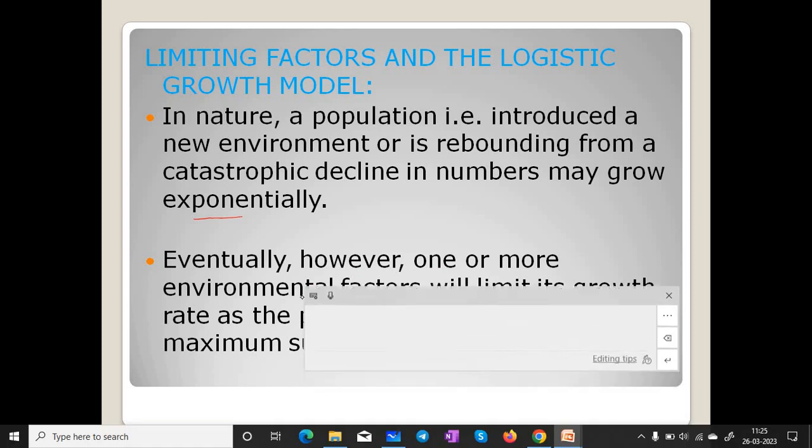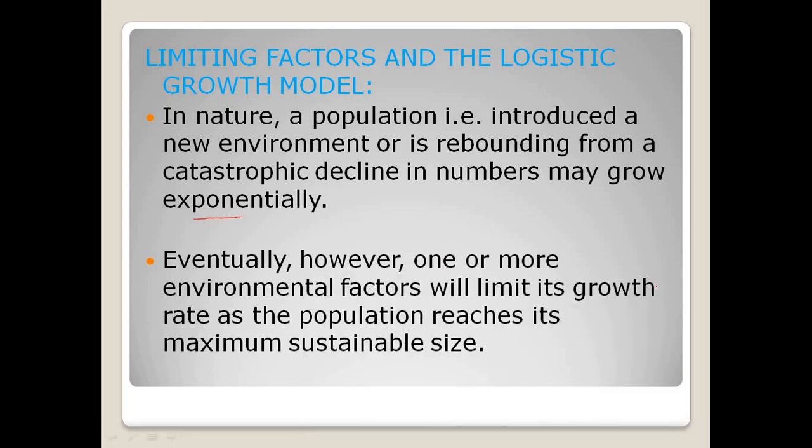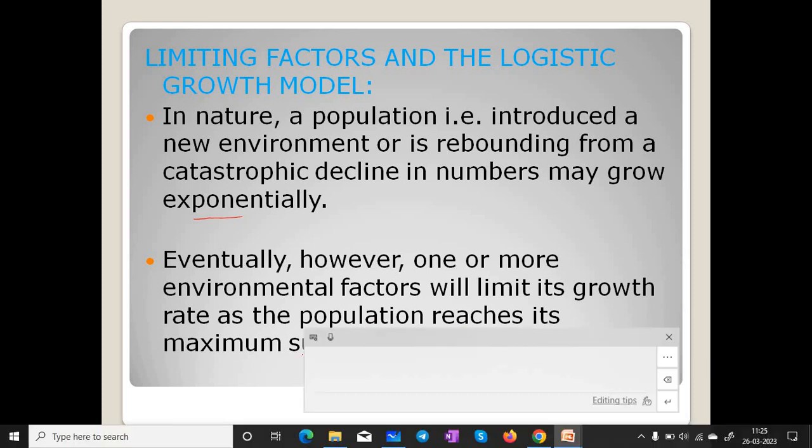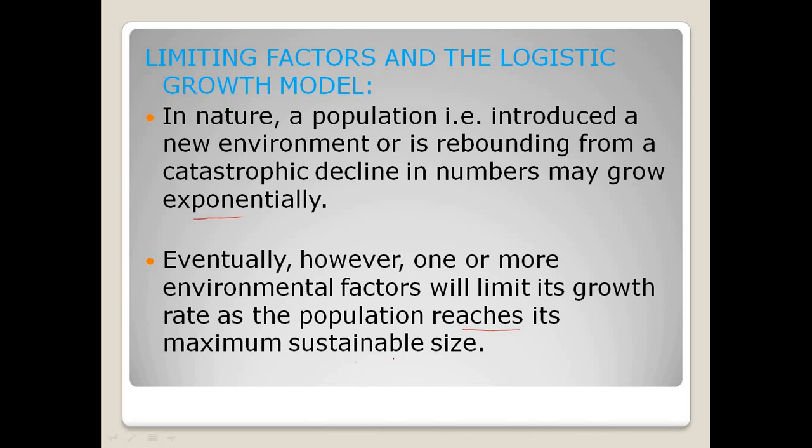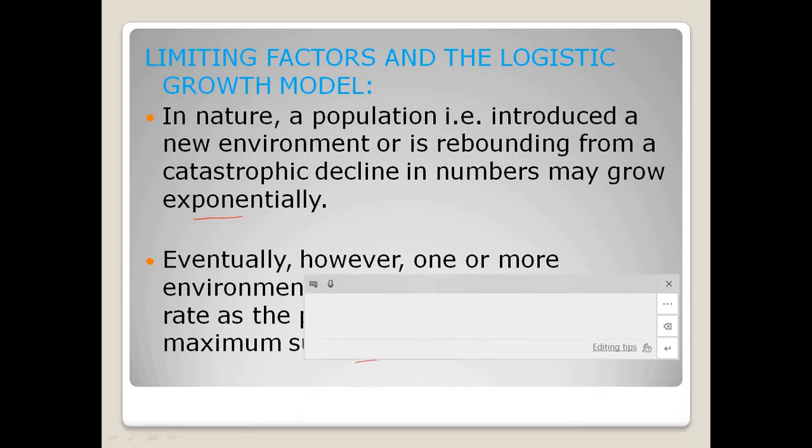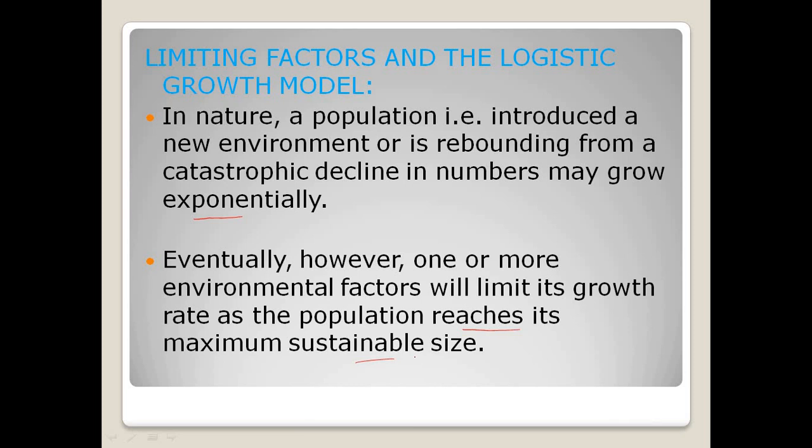Eventually, however, one or more environmental factors will limit its growth rate as the population reaches its maximum sustainable size. When the population nears the carrying capacity, it will start to decline, and environmental factors or competition among the species will check that exponential growth, and the population number will be limited.